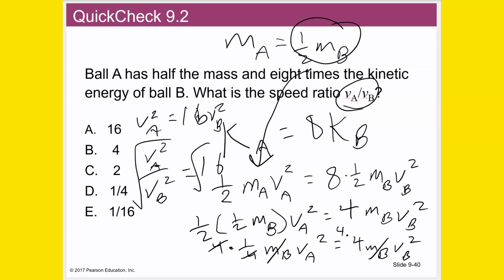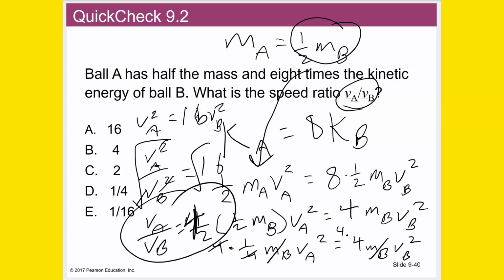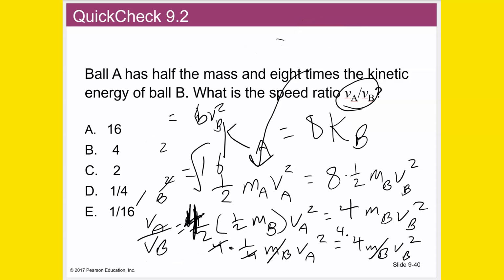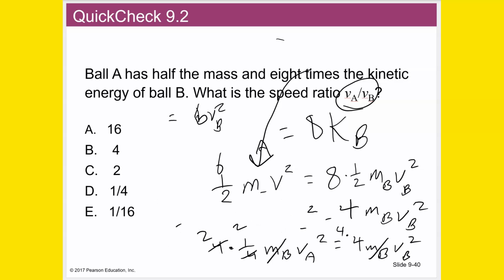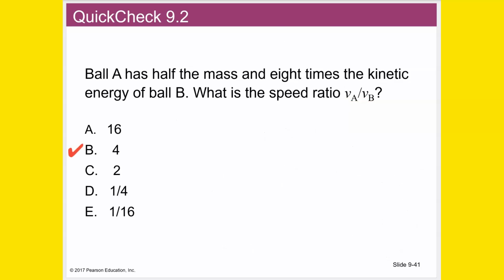Take the square root of both sides. That gives me VA over VB equals 4. All right, hopefully you were able to follow all that. You may have even been smart enough to do that without all that math, but I kind of had to do all that math. All right, so I'm going to say it's choice B. And it is.